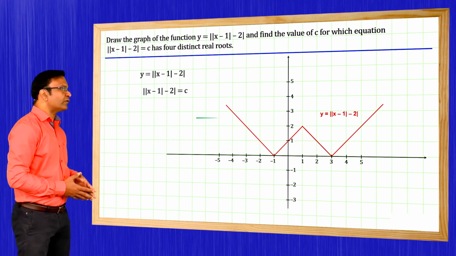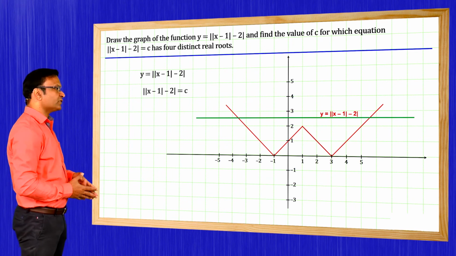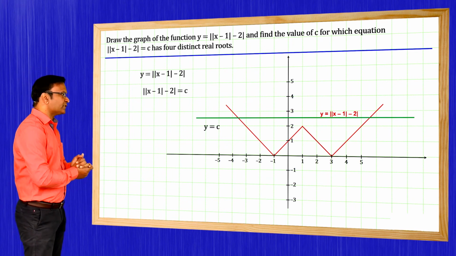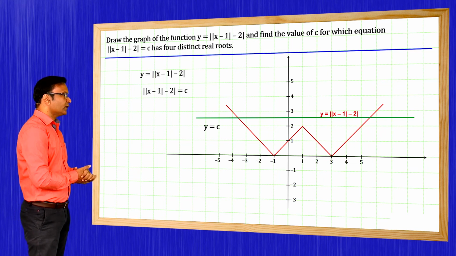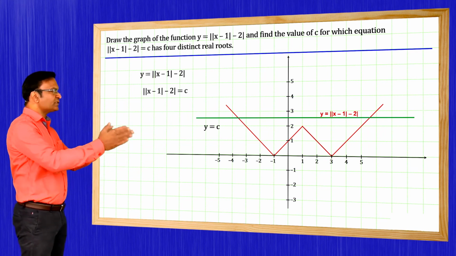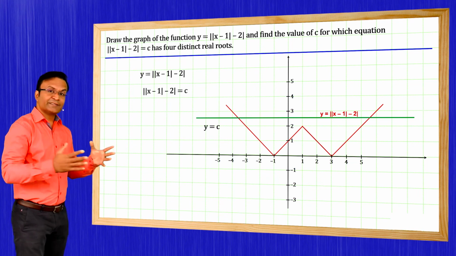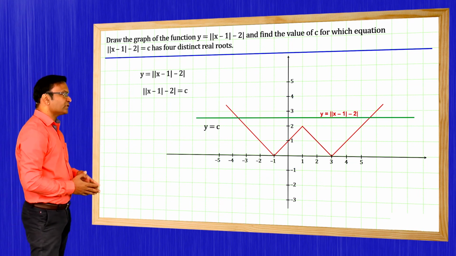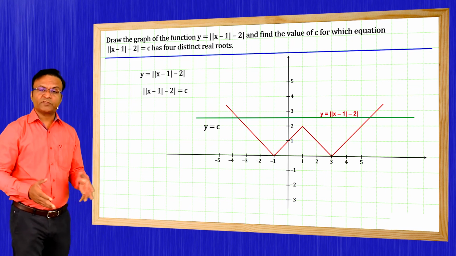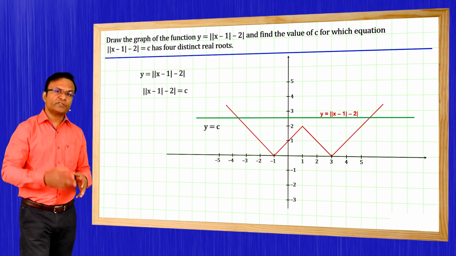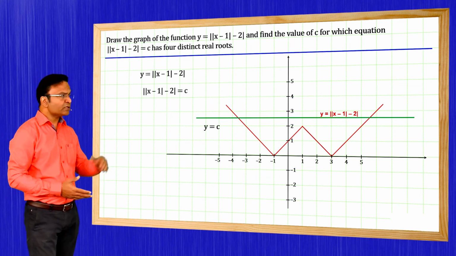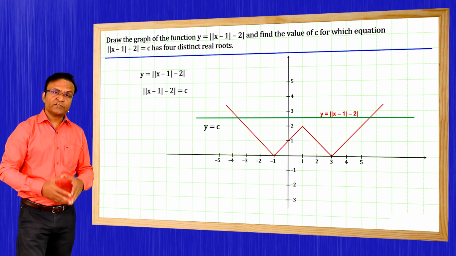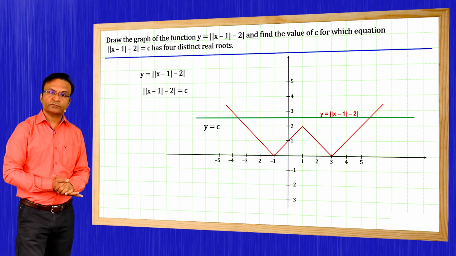So draw one of the lines y is equal to c which is parallel to x-axis. If suppose this line is here, it is intersecting this graph y is equal to mod of mod x minus 1 minus 2 at 2 distinct points. That means for this location of straight line, the equation has only 2 distinct real roots.